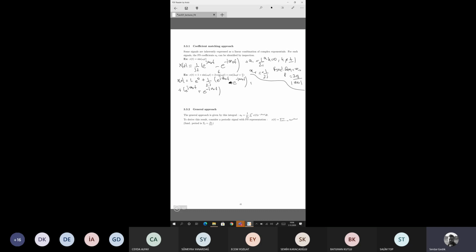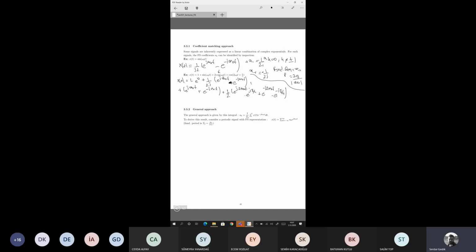This is the cosine term. Plus 1 over 2 e to the power j 2 omega 0 t times e to the power j pi over 4, plus e to the power minus j 2 omega 0 t times e to the power minus j pi over 4. So this is my x of t.